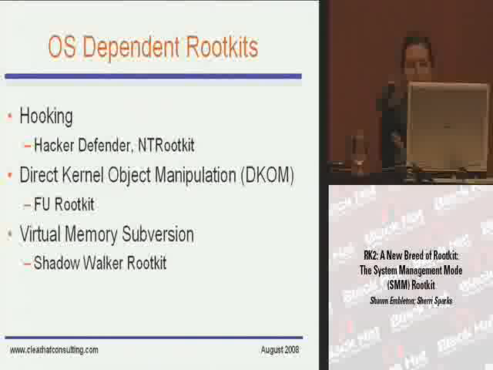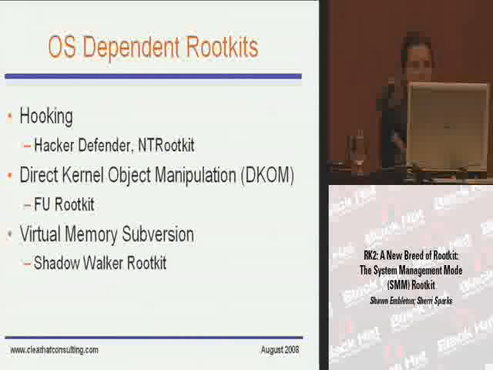Because if you have a data structure that is always the same and always contains a static value, then perhaps it's possible to hash it and to gain some idea of what the baseline value should be. But if that data structure is always changing, there's no way to obtain a reliable baseline. And the perfect example of this is the Windows process list.